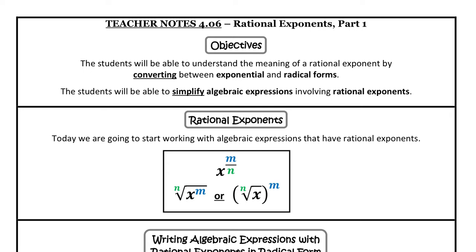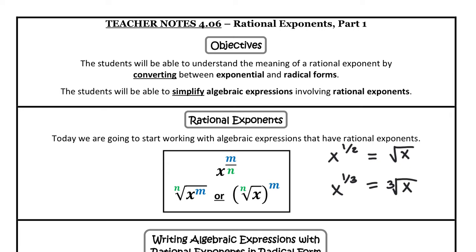For example, when we were working with square roots and cube roots, we had x to the power of 1/2 converts to, or is equal to, the square root of x. And then if I have something like x to the power of 1/3, we said that that converts to the cube root of x. And so we've seen this already, right?